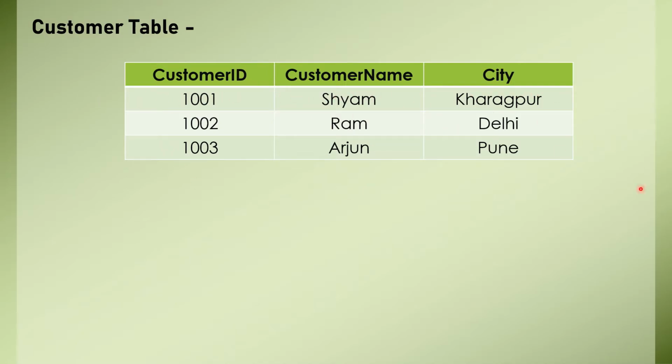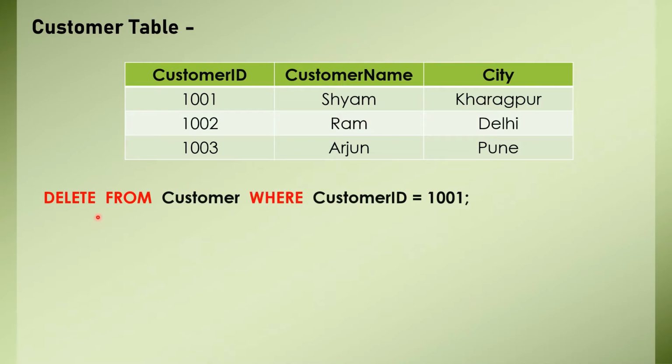So what will be the query? The query will be something like this: delete from customer where customer ID is 1001. Okay, delete from the customer table where the condition is customer ID must be equal to 1001. See why I have given 1001? Because as we already know from the concept, every customer will get an associated customer ID.